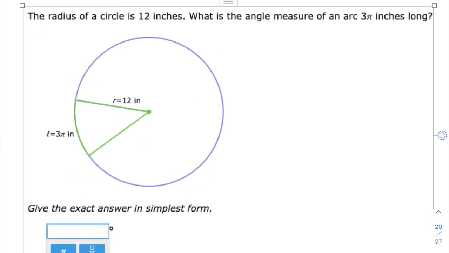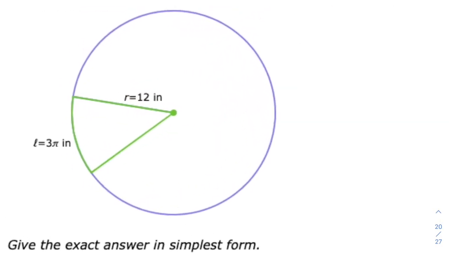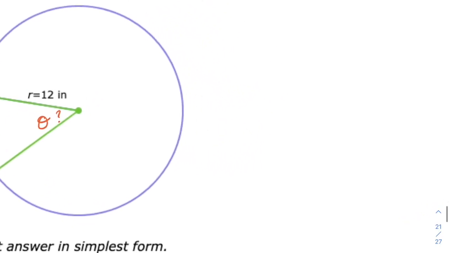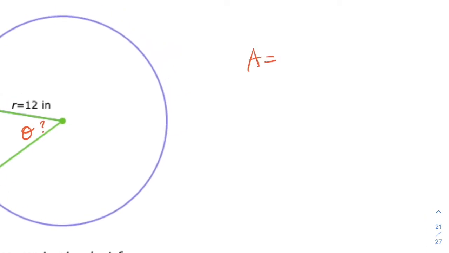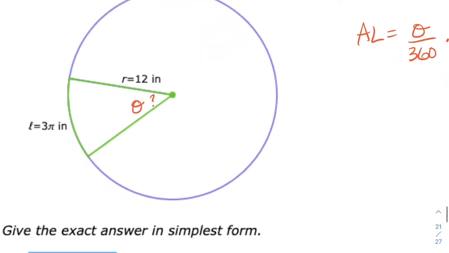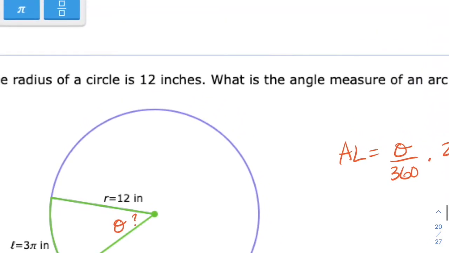So this one, you don't know what your angle measure is. You don't know what theta is. So you're trying to solve for it. So we're going to do arc length equals theta over 360 times 2 pi r. And we don't know what theta is, but it says the radius is 12 inches.